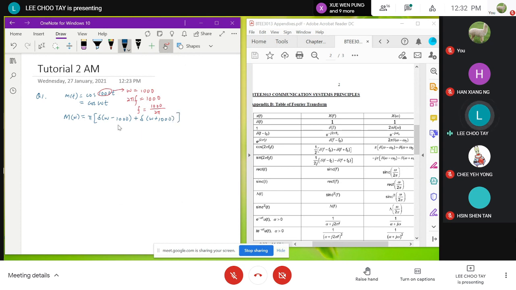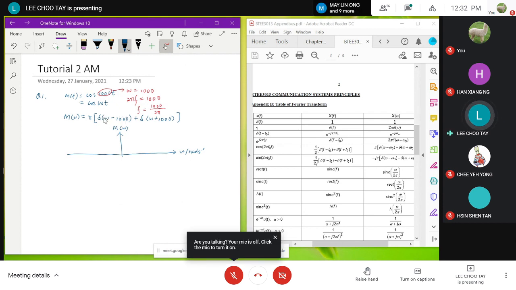Now we are ready to sketch our spectrum, again in omega, in radians per second. Remember, I talked about it in chapter 2: the delta function gives an output of 1 when the term in the bracket is 0.